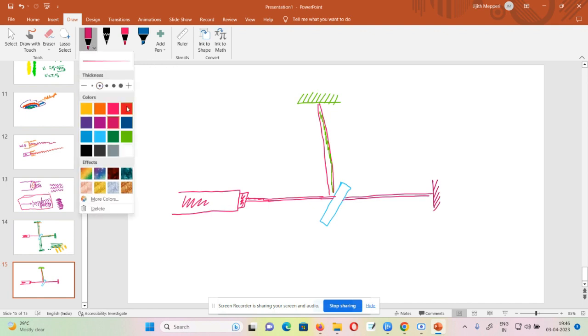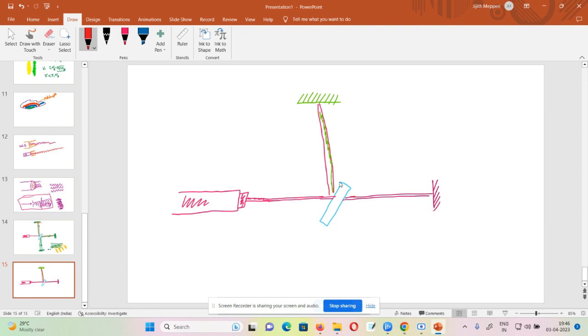After reaching there, what will happen? The mirror will reflect it back, so it will again come to the beam splitter. This will also reflect back to the beam splitter. What will happen at the beam splitter? It will again be split.